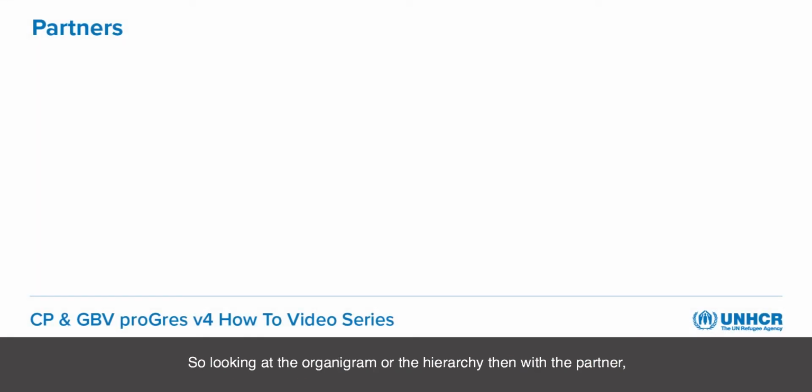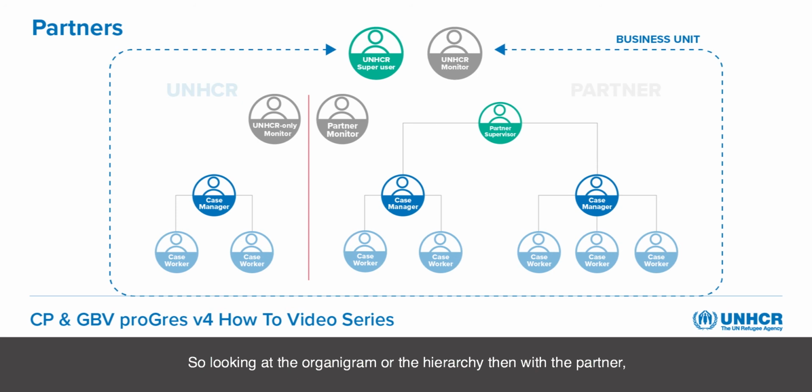So looking at the organogram or the hierarchy then with the partner, it looks like this. So you have a case manager, case worker, so UNHCR is on the left-hand side here. Then you see after a small partition, you also then have the partner hierarchy. So there's the case workers that exist and then the case managers. There is a unique position to partners that's called a partner supervisor.